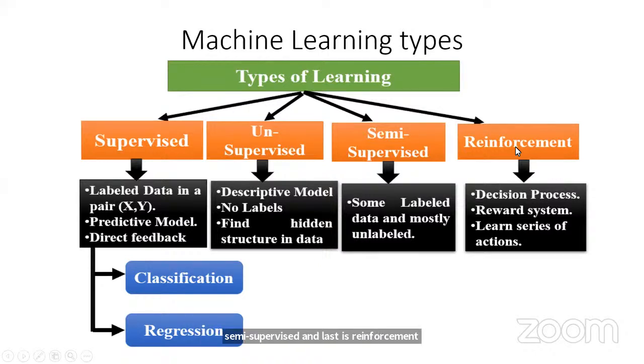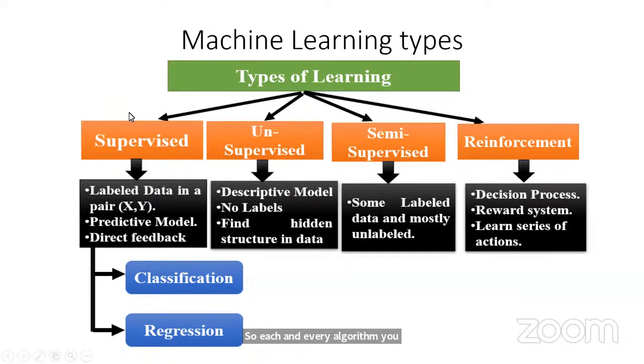Machine learning is an approach where we have a group of algorithms. What are algorithms? Algorithms are the steps that we need to perform.